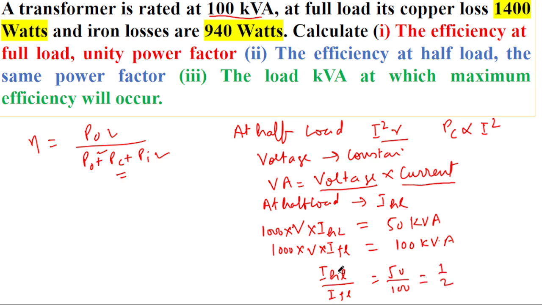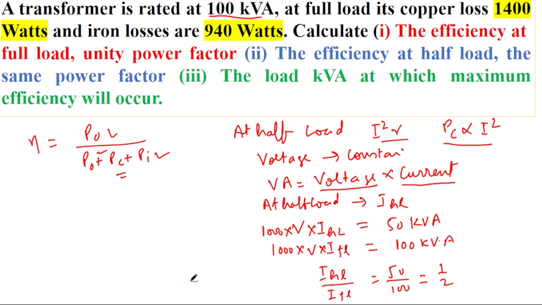So it means whenever you are loading 50%, at half load the current will become half, because voltage is constant, and copper losses are proportional to I square.